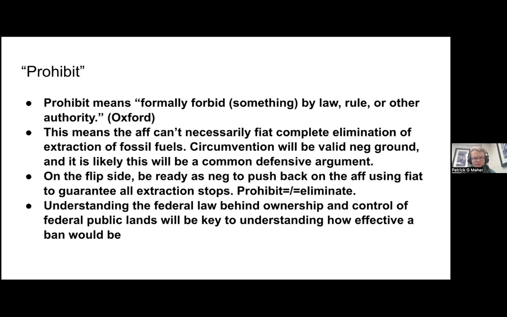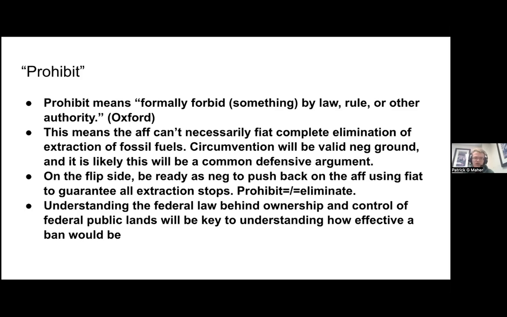On to prohibit. Prohibit means to prevent, which means the affirmative has to do something to prevent through law these fossil fuels from being extracted on these federal public lands. That means that neg ground includes circumvention as a defensive argument.